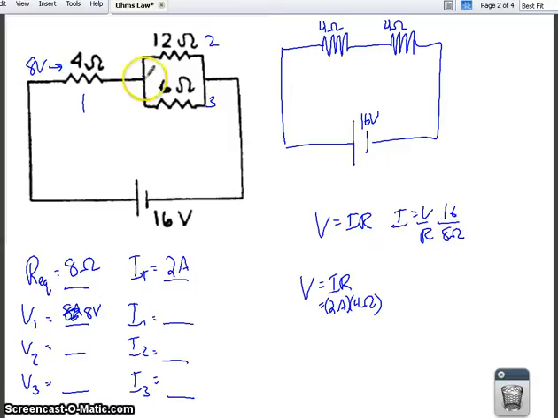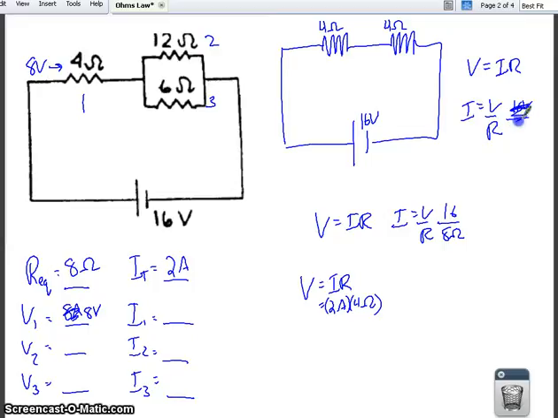Now, in parallel, the voltage is going to be the same. So, when I broke this down into one resistor, I can find the current, which in this case happens to be the same thing.